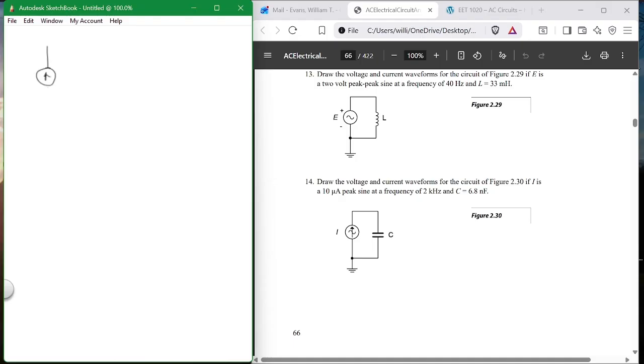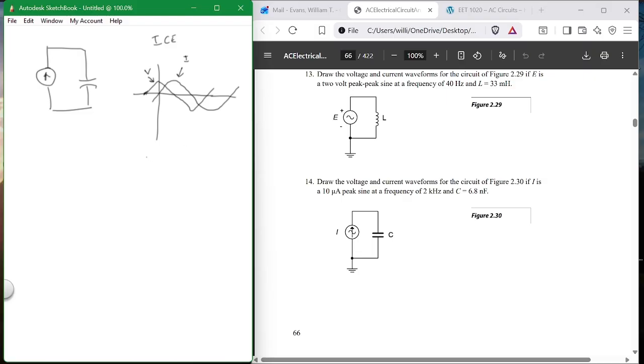Here's a current supply, and here's a capacitor. So here's my picture of current, a nice pretty sine wave. Now, what would be the picture of voltage? This is my picture of current. This is my picture of voltage.